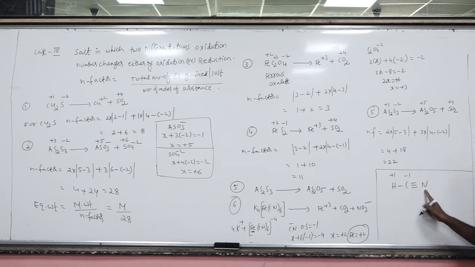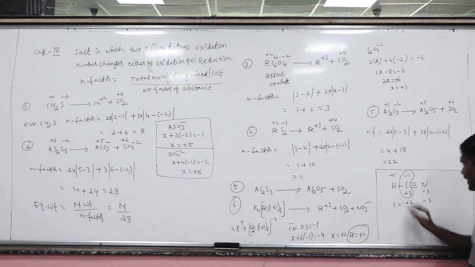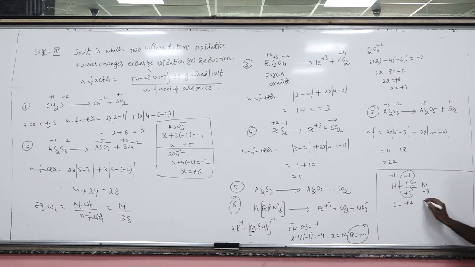Now in between these two, nitrogen is more electronegative, so it has a triple bond. So I am writing here minus 3, here plus 3. So what is the net charge on the carbon atom? That is plus 2, and nitrogen minus 3. So carbon oxidation number is plus 2 and nitrogen oxidation number is minus 3. Now come to the N factor.